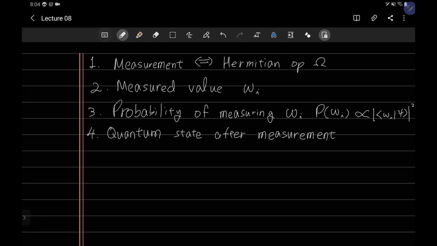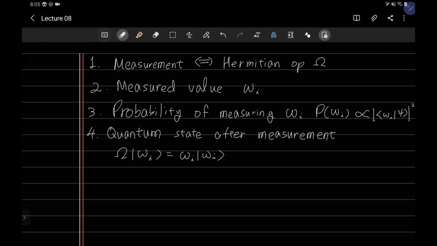If we are given some Hermitian operator corresponding to the measurement we want to do, then in principle we should be able to find the eigenvectors and eigenvalues, which have this kind of relation to the original operator.